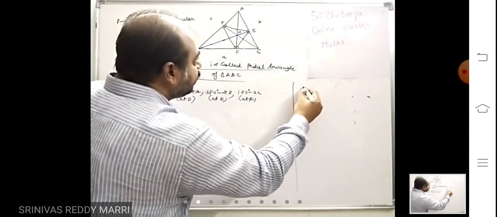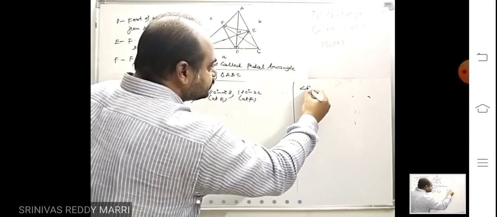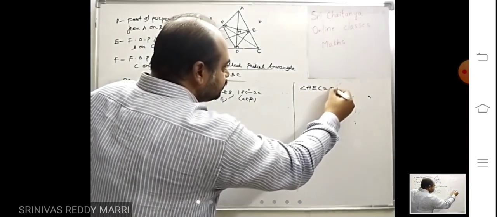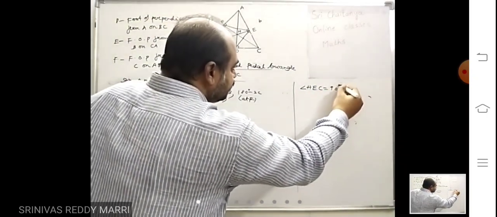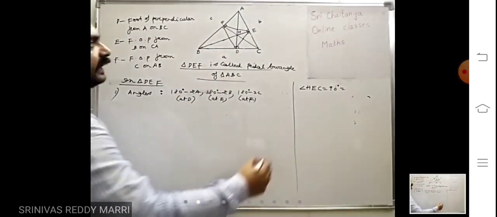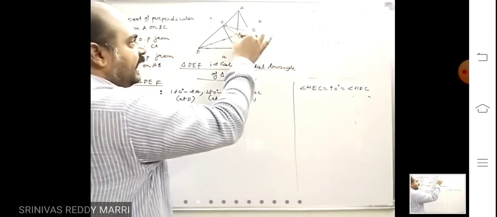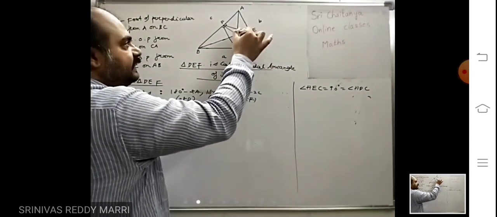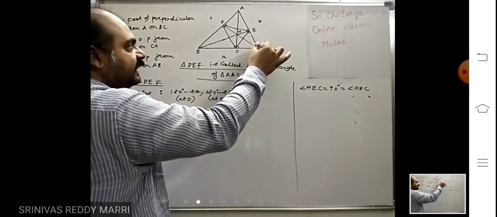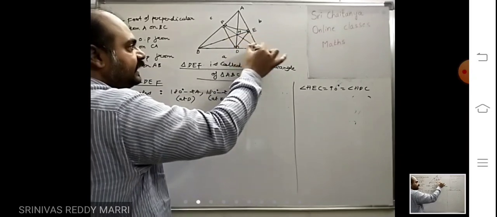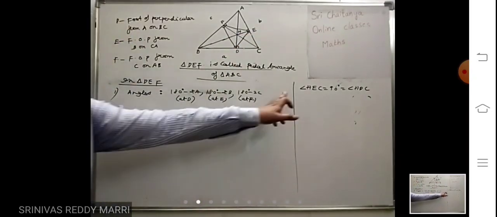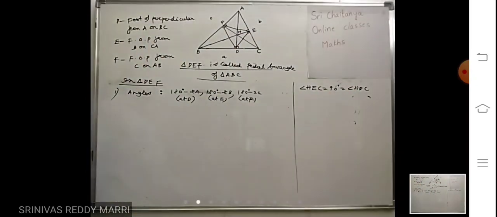I am writing here. Angle HEC equal to 90 degree. That is equals to angle HDC. Angle HEC means this is 90 degree only. This is right angle triangle. Right? So these both are 90 degree.